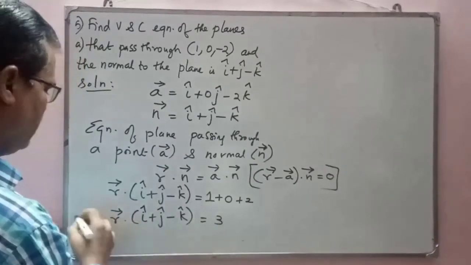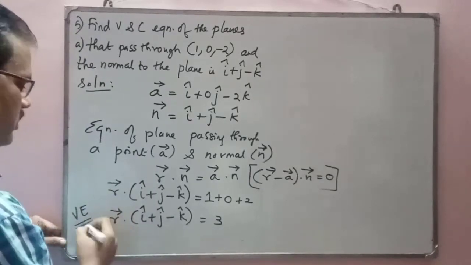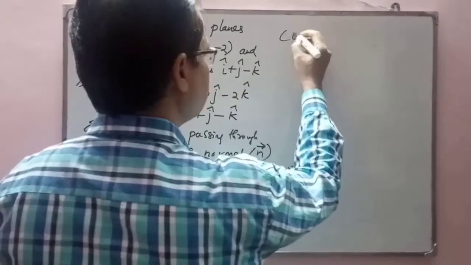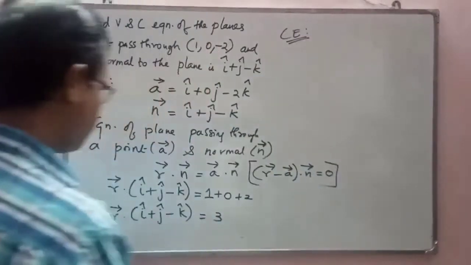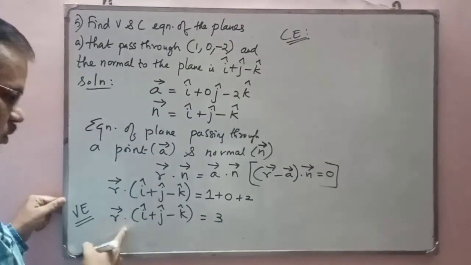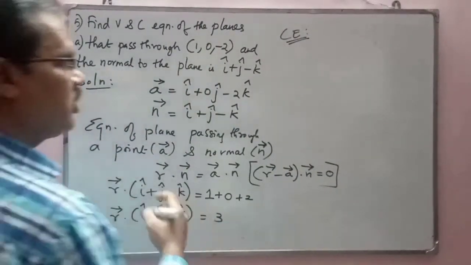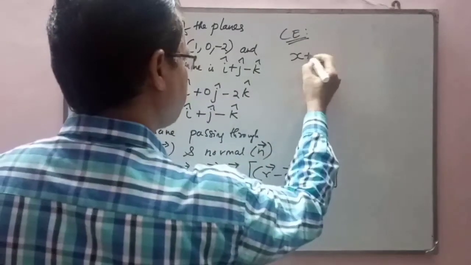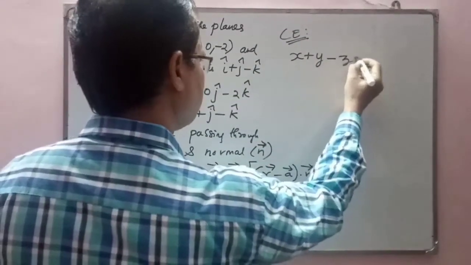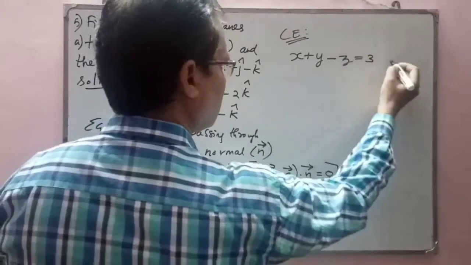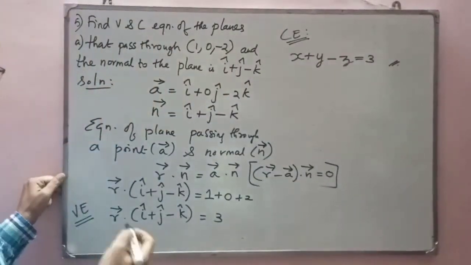So this is your required vector equation. Cartesian equation, from this very easily we can write. We know we can expand this into xi, yj, zk and do a dot product. Directly I am going to write x plus y minus z equals 3 as the required Cartesian equation. This completes the solution, children.